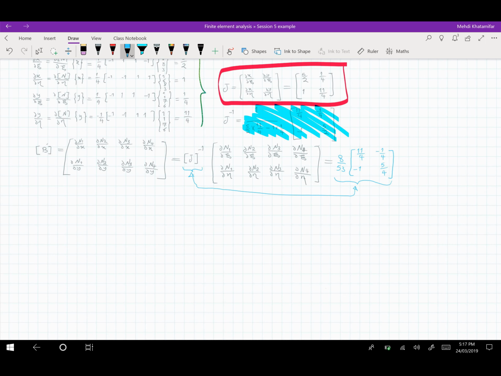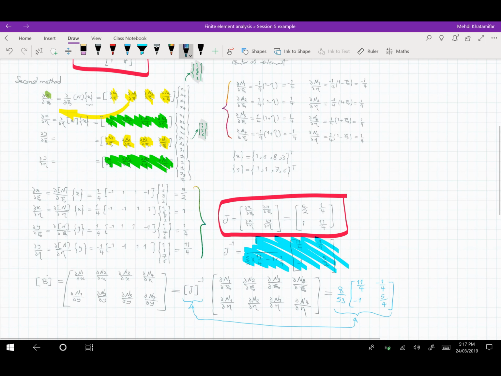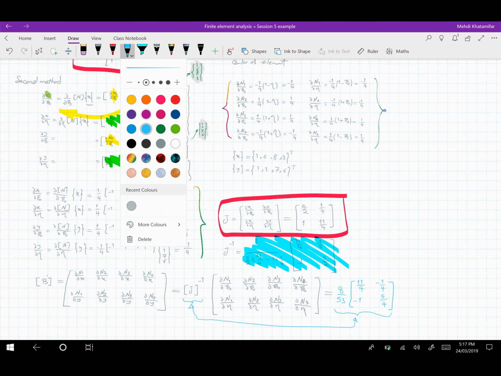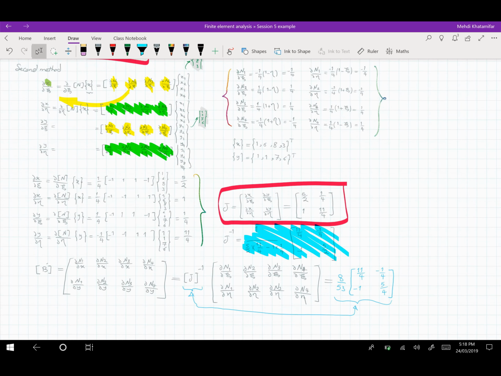Beautiful. And the rest, we already calculated all the terms. Where are they? Here. So I'm going to just plug in all those terms. As you can see, let's use dark green for that. All of them are 1/4, so I'm going to take out that 1/4.